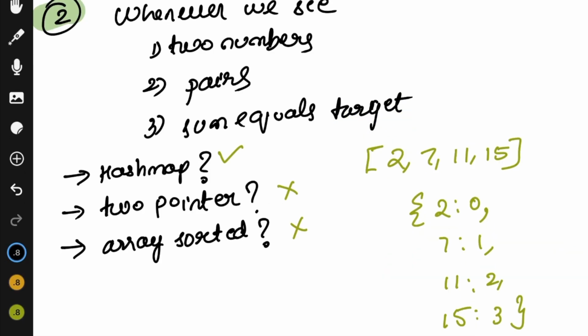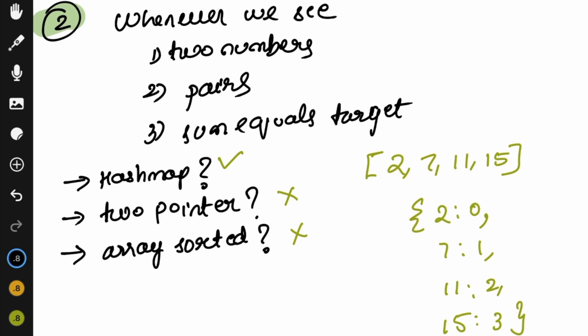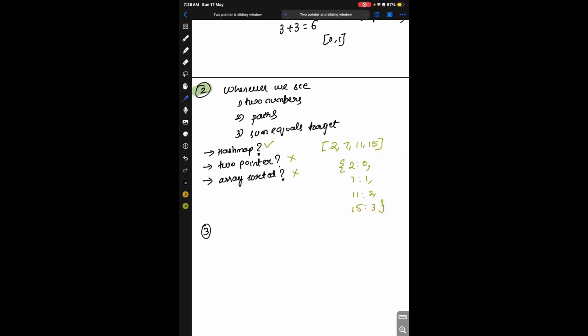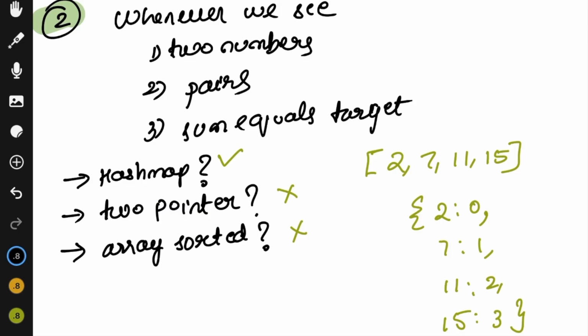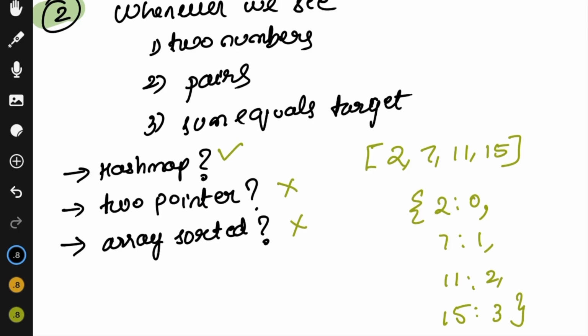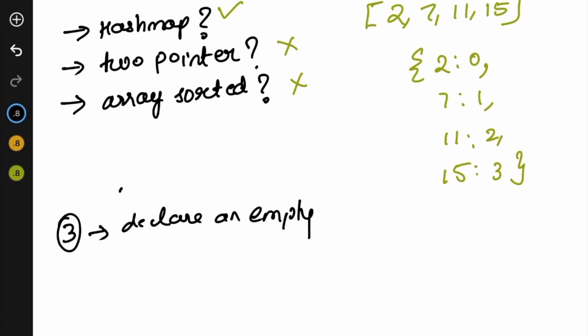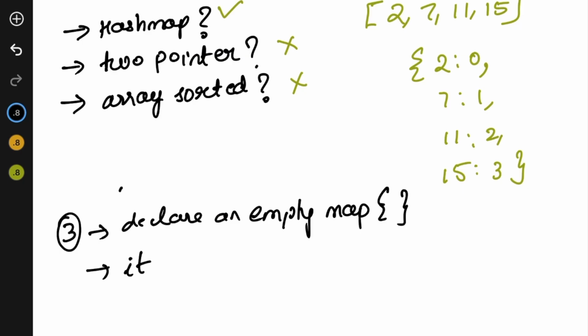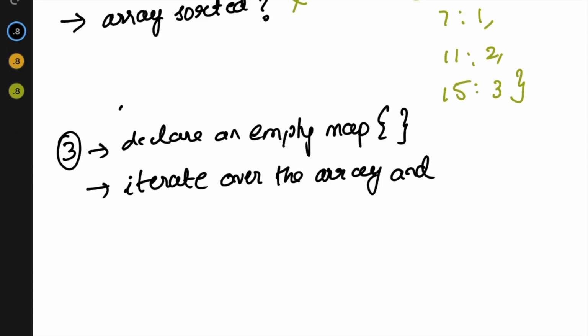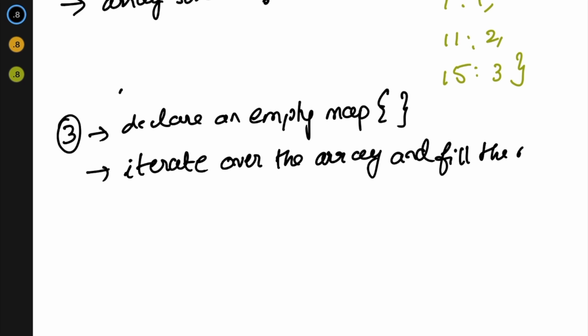We need to do a pre-processing. That is, we need to create a map, which we have done over here. So according to my algorithm, I need to have an empty map ready, declare an empty map, iterate over the entire array, and fill the map.